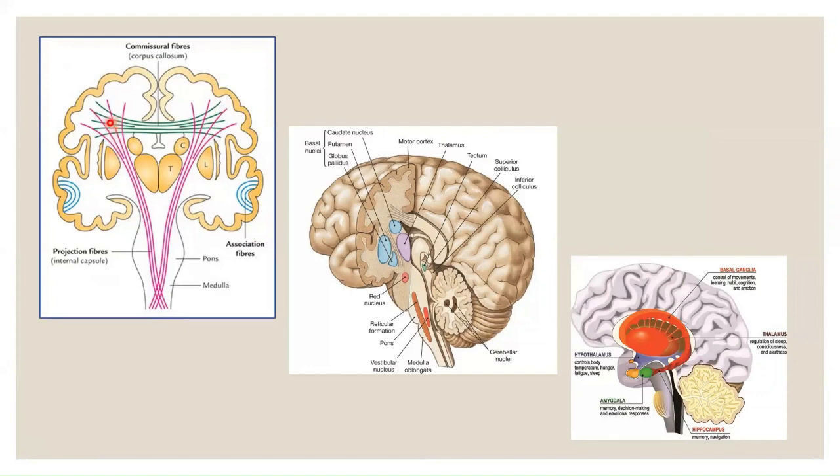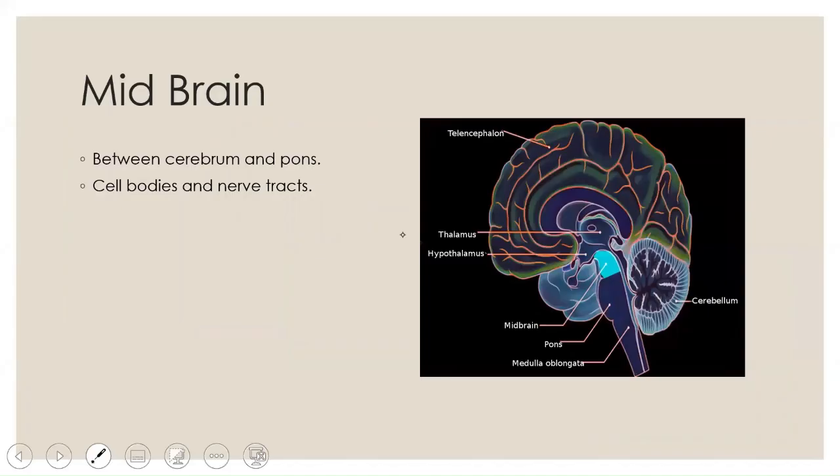And connecting the brain to the spinal cord, you have the projection fibers. And within the brain, there are many different small parts called hypothalamus, thalamus, amygdala, basal ganglia. These things you will learn in neuroanatomy. Just know that there are areas like this in the brain as well.